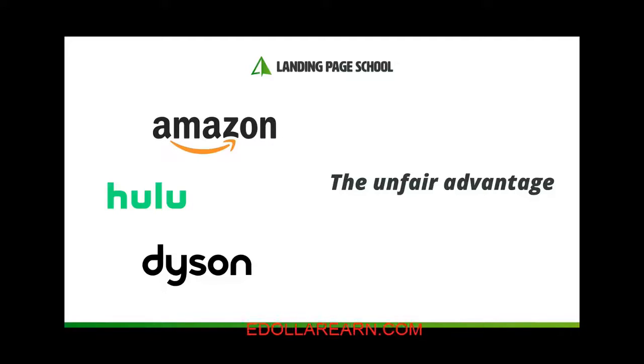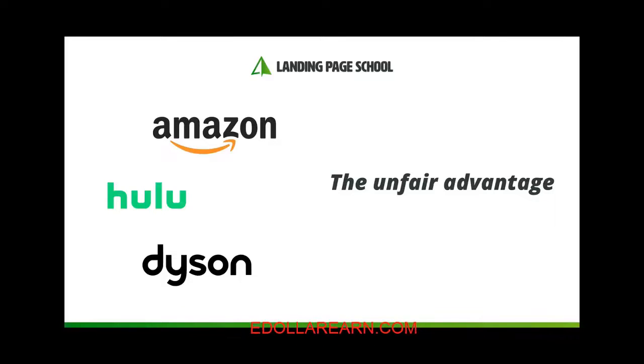For example, Amazon's unfair advantage in their early days was their significantly lower operating costs due to their lack of brick-and-mortar stores. Hulu's unfair advantage against other streaming services is their exclusive relationships with many major networks. And Dyson's unfair advantage is their Cyclone technology that made their vacuums much more advanced than anything else out there on the market for a very long time.